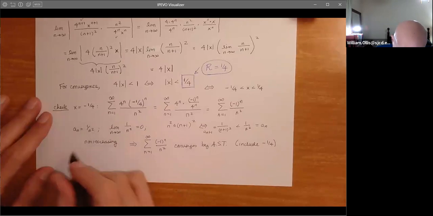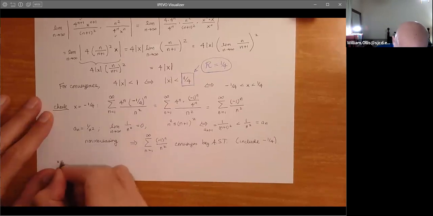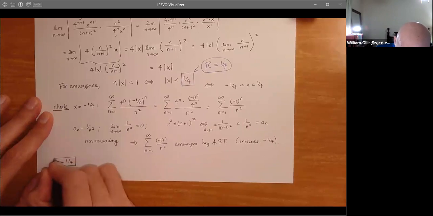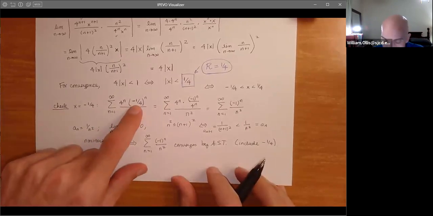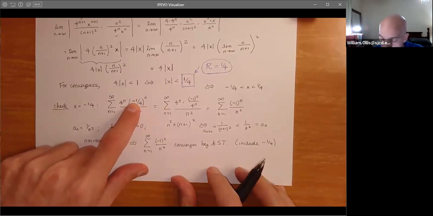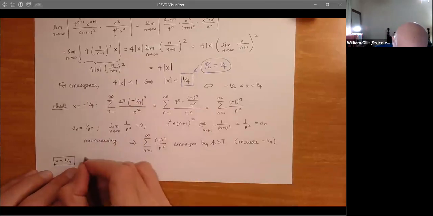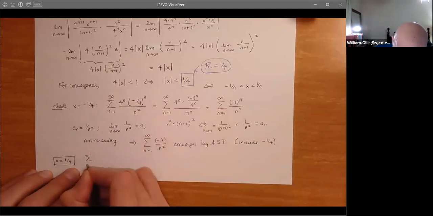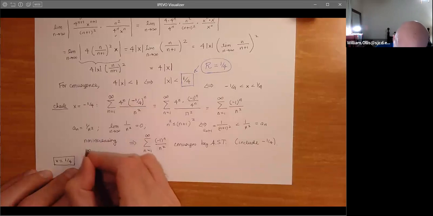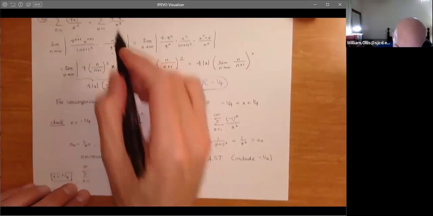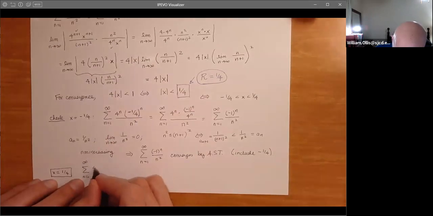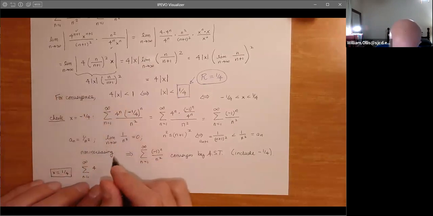Now, of course, we can look at x equals 1/4. But now you can see that in this case, we just have the 1/4 here without the negative. So we basically get this series without the alternating sign. So we have n equals 1 to infinity. We can go right back up here and use this since it's easier to work with, or I guess the first one would have been just as easy.